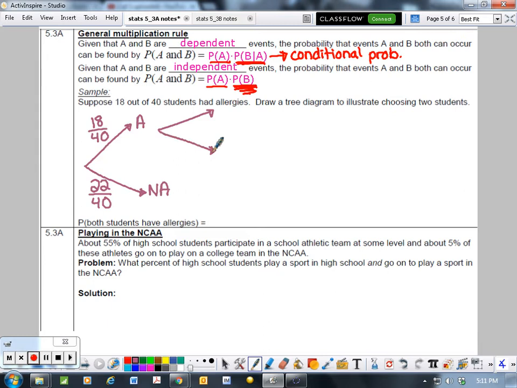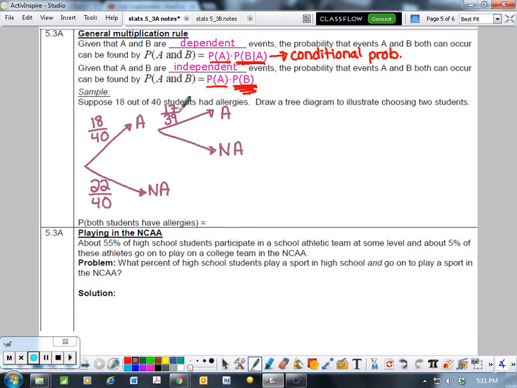So now, after I choose the first person, the second person could have allergies or no allergies. But my probability has changed now, because here my first person has allergies. Now I only have 39 people to pick from. And I already picked one person who has allergies, which means now I only have 17 students who have allergies.